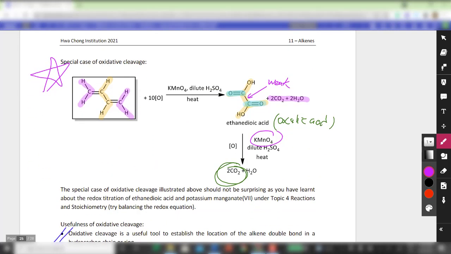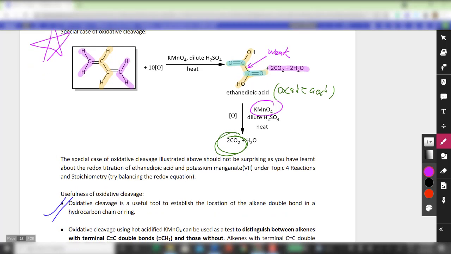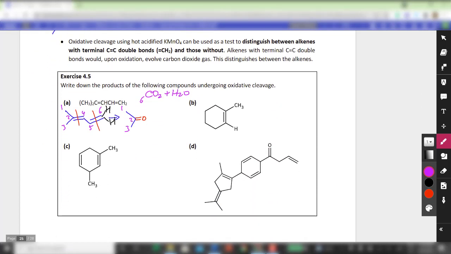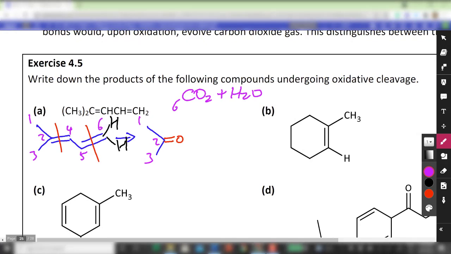Moving on to the next part, we're going to have carbon 4 and 5. In the above, carbon 4 and 5 is what we call the interesting exception. So I'm just going to number this as carbon 4 and 5. If you incorporate the double bond O in, you're going to end up with a dialdehyde, an ethane dialdehyde, and remember that this is a special case.